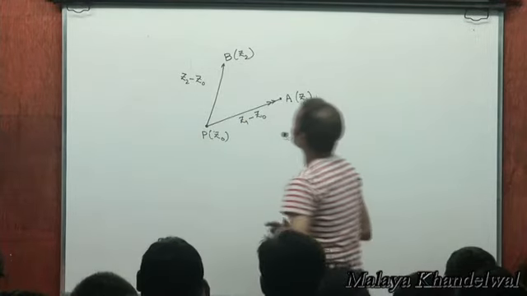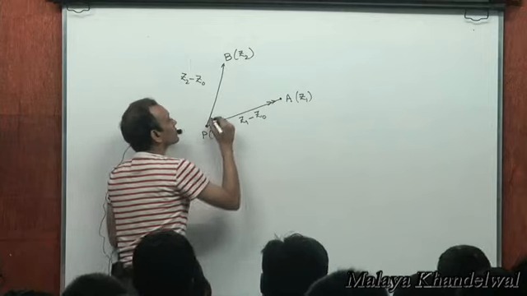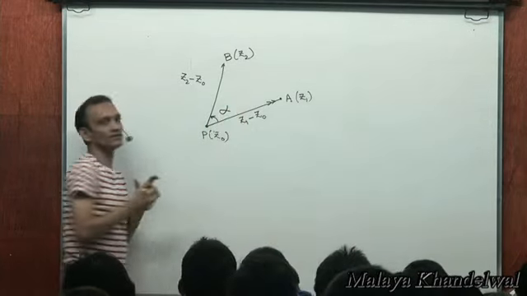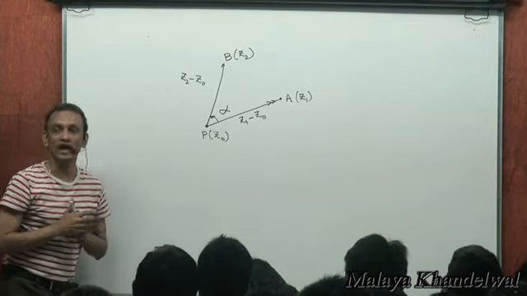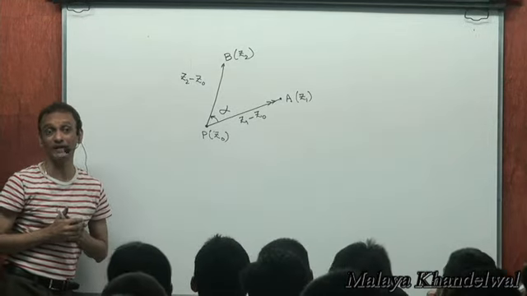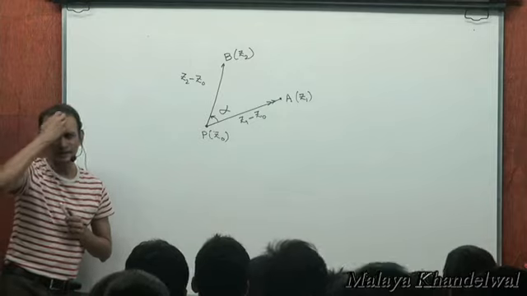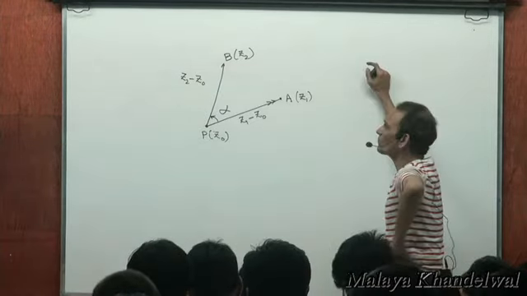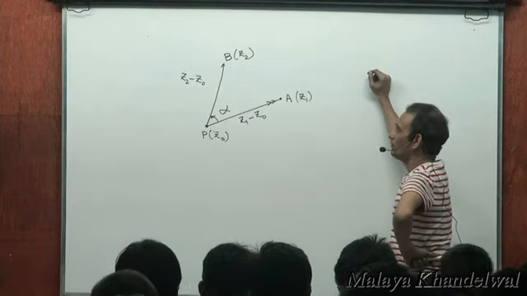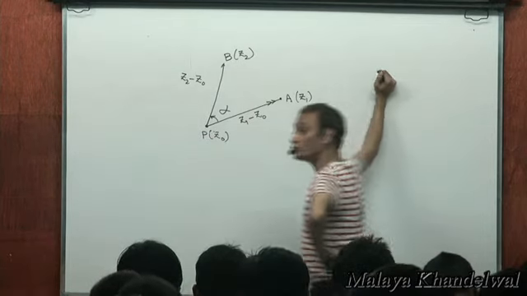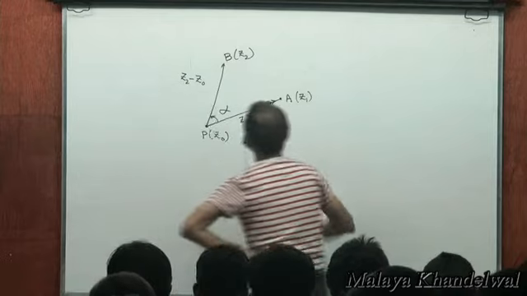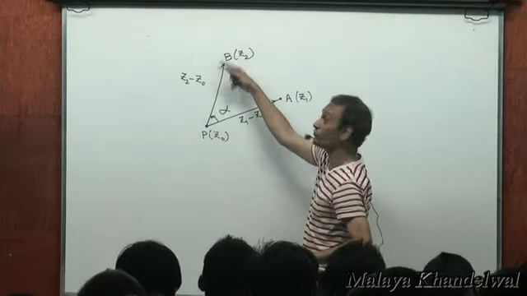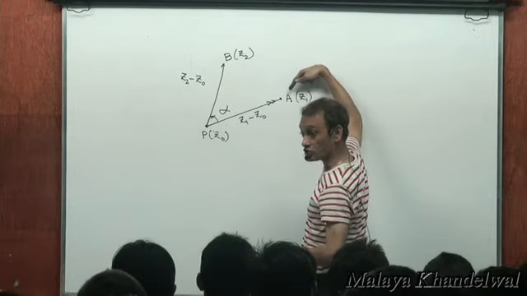Now, suppose the angle between these two vectors is alpha. Right? Yes. Then, do you realize that there is a vector z2 minus z0 which I want to obtain from z1 minus z0.